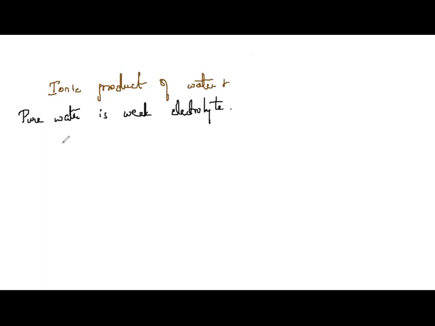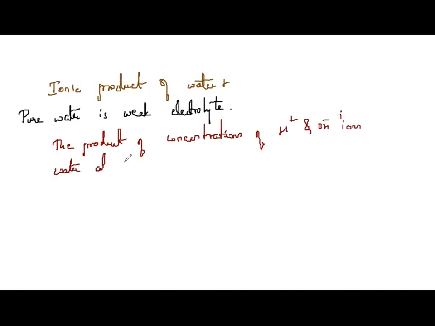The product of the concentrations of H plus and OH minus ions in water at a particular temperature is known as the ionic product of water, and it is denoted by Kw.